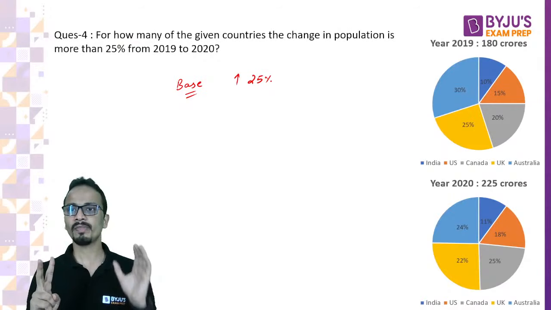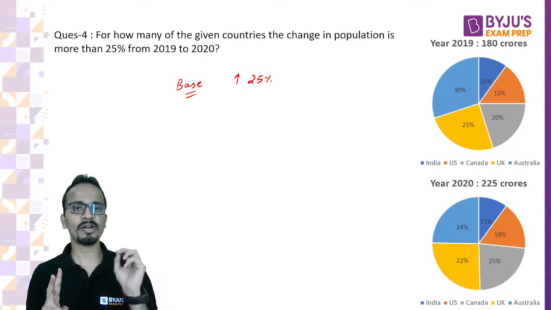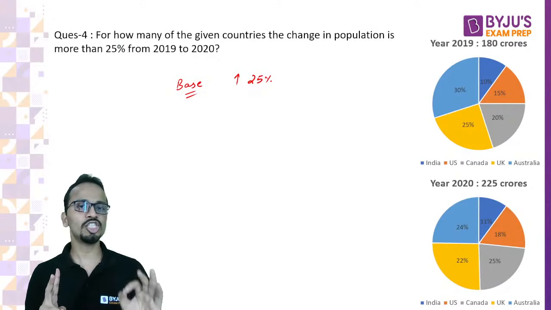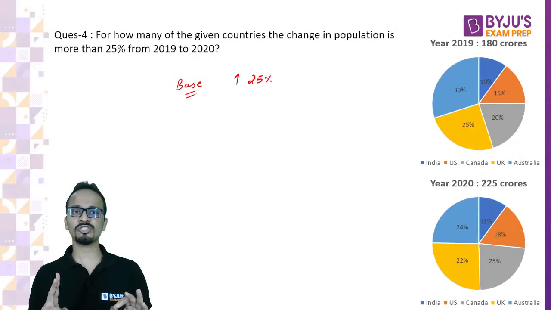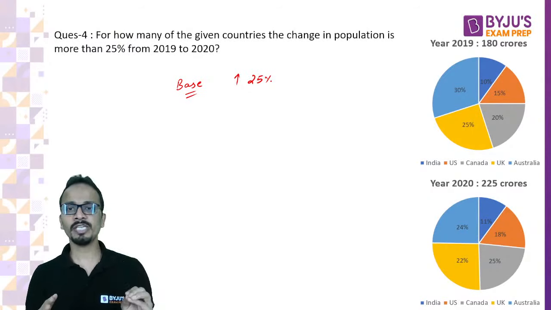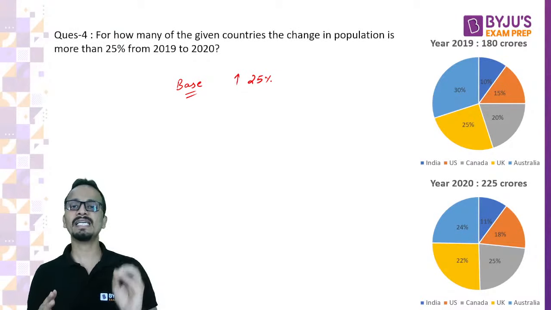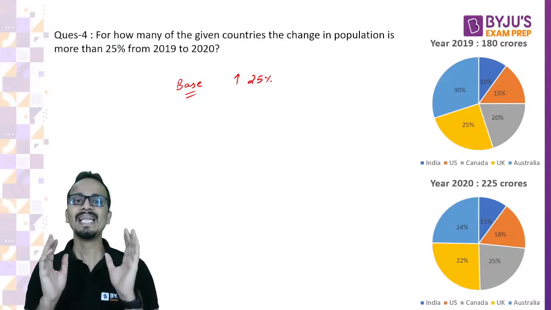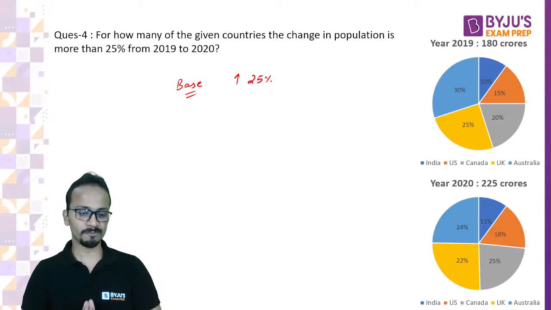Point number two: if the percentage breakup for any country will increase, then the net percentage change will be more than 25%. Point number three: otherwise, if the percentage breakup for any country will decrease, the net percentage change will be less than 25%. All right.